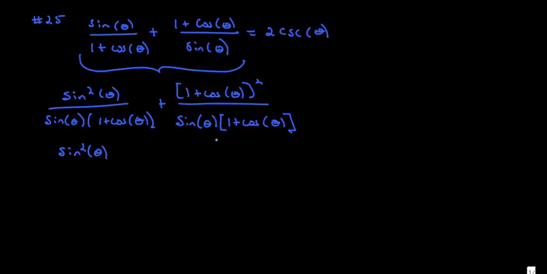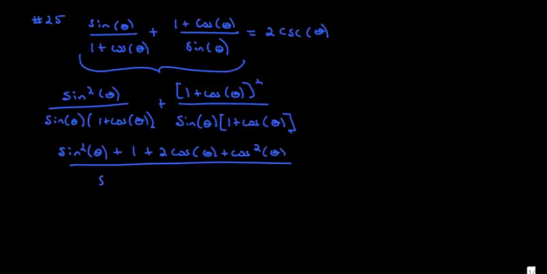Now they're both over the same thing. So plus, this thing has got to be FOILed. So it's going to give me 1 plus 2 cosines of theta plus a cosine squared theta. That whole thing is over sine theta times 1 plus cosine theta.